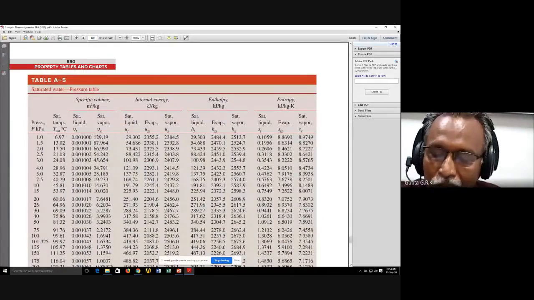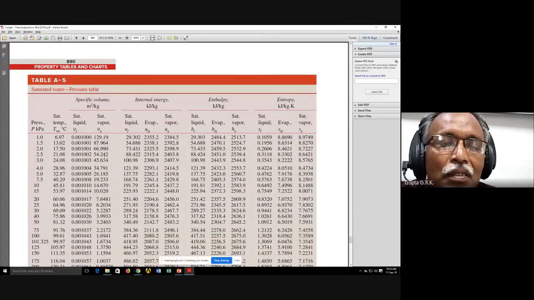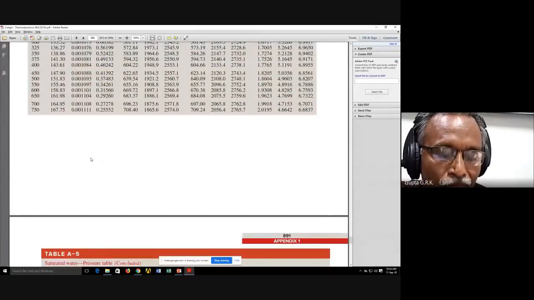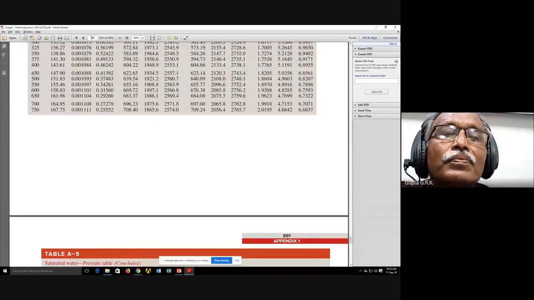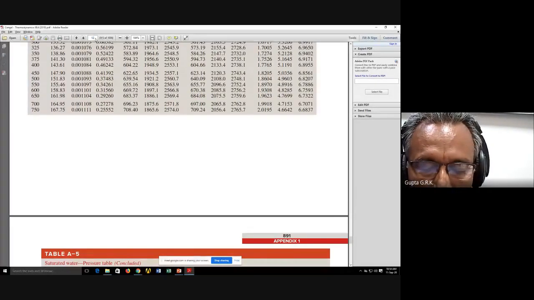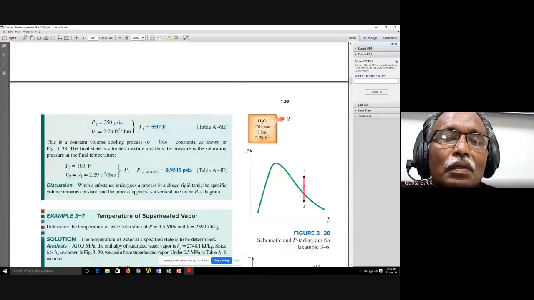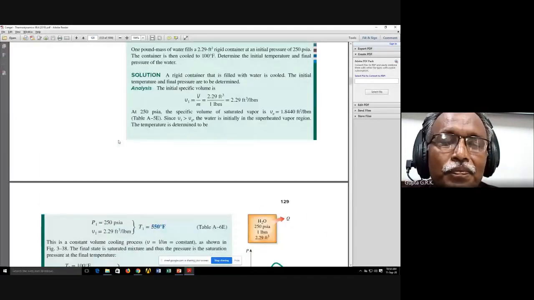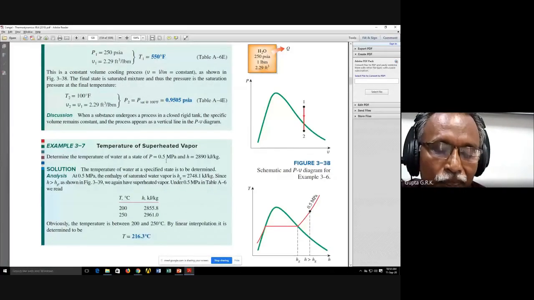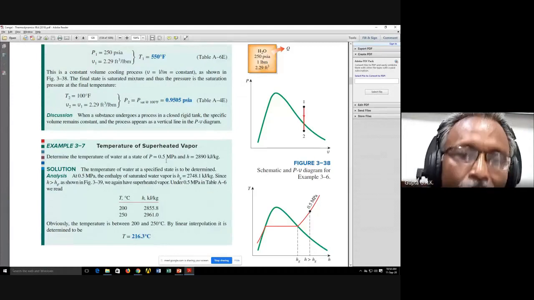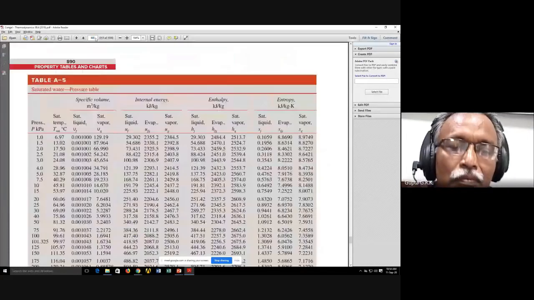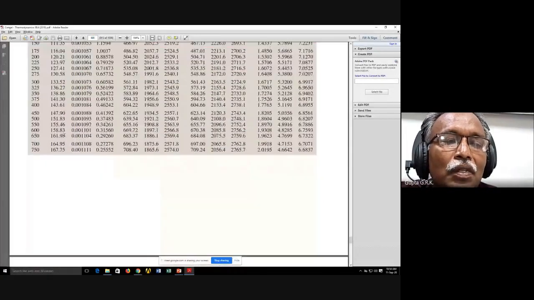This is the pressure-based table. The pressure is 0.5 megapascal, meaning 500 kilopascals.